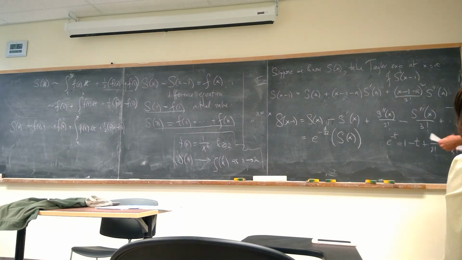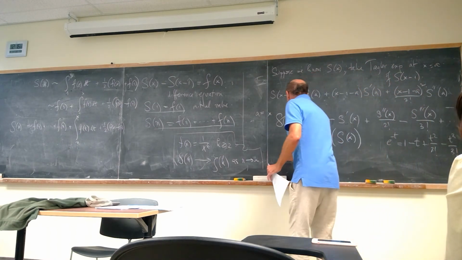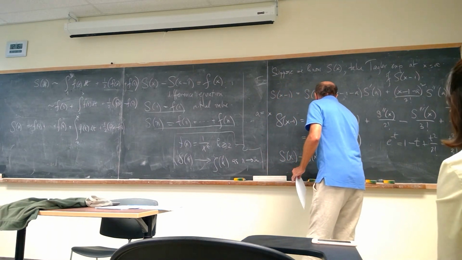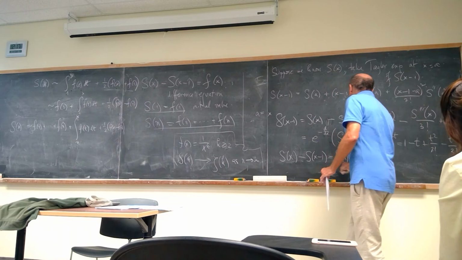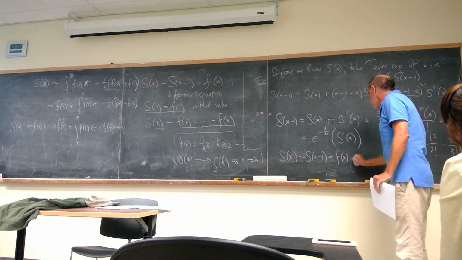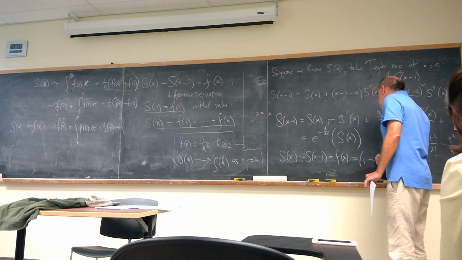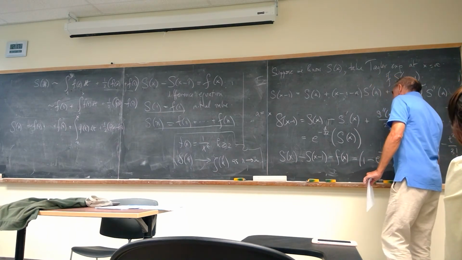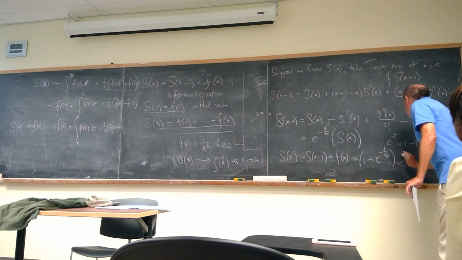Okay, so on the other hand, s of x minus s of x minus 1 is equal to f of x. So let's take this expression for s of x minus 1 and rewrite it: f of x is equal to 1 minus e to the minus d by dx of s of x.